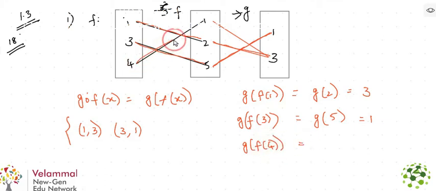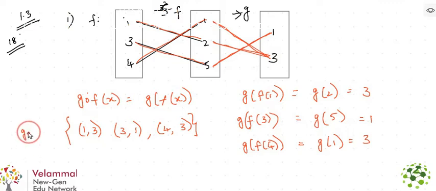Where does 4 go to? 1. So this is g of 1. And where does 1 go to in g? 1 goes to 3. So (4, 3) is the g composition f. So you have to list it like this and say g composition f is {(1, 3), (3, 1), (4, 3)}. Hope it is clear for you.